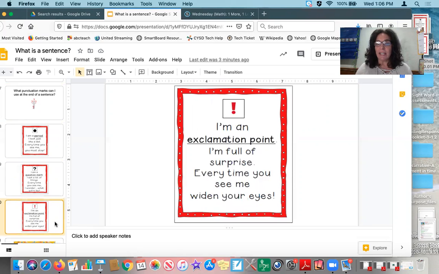And lastly, this is an exclamation point. Say exclamation. That's right, that's a tricky word. An exclamation point is used when you have a really strong feeling. So it doesn't mean you have to yell or read louder. It doesn't even mean that it's always an excited feeling. An exclamation point comes at the end of a sentence that you have a strong feeling about.